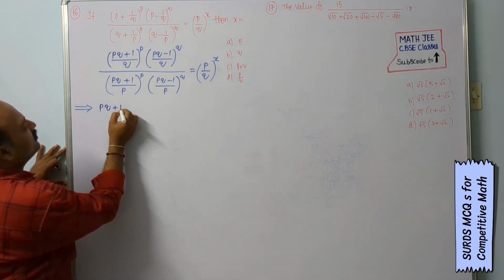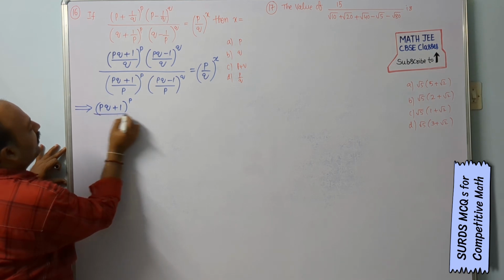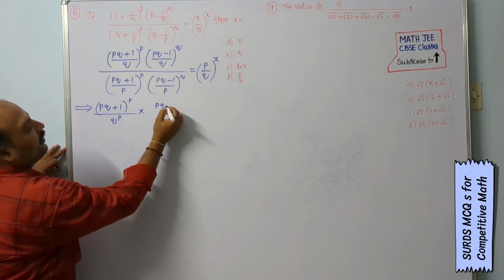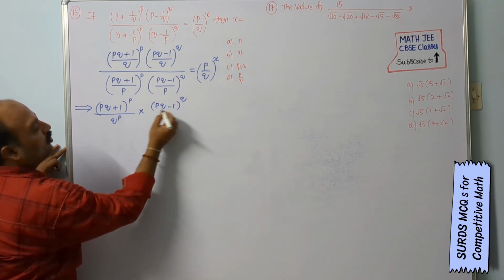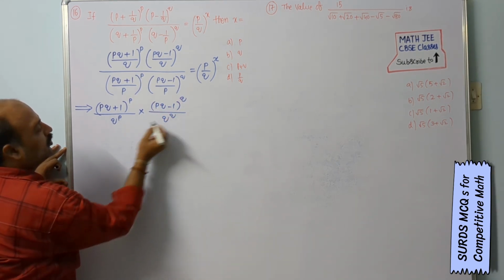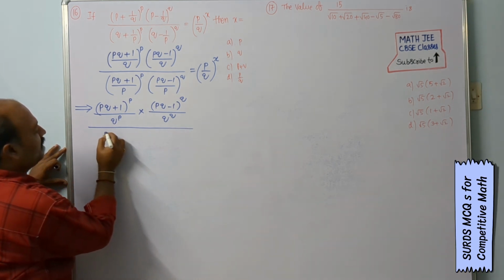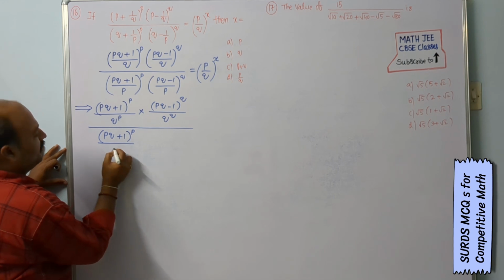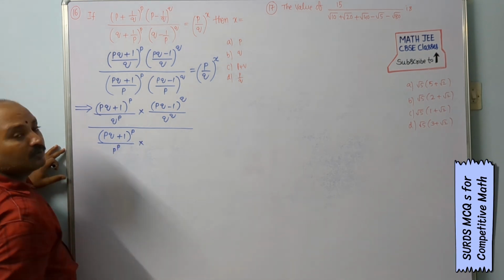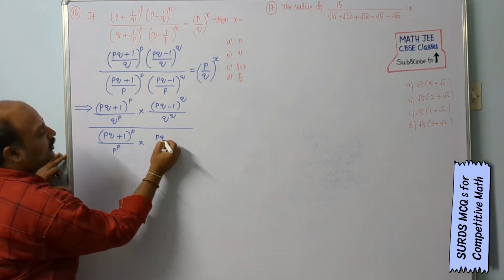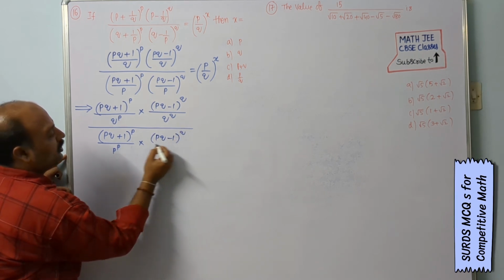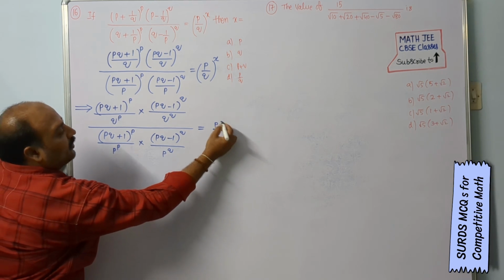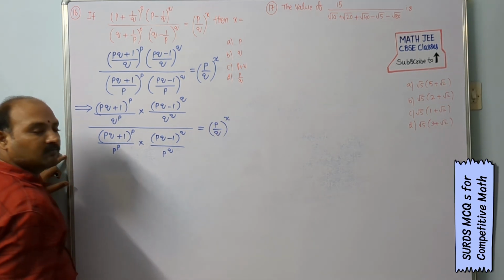So (pq plus 1) whole power p divided by q power p into (pq minus 1) whole power q divided by q power q, whole divided by (pq plus 1) whole power p divided by p power p into (pq minus 1) whole power q divided by p power q is equal to (p by q) whole power x.